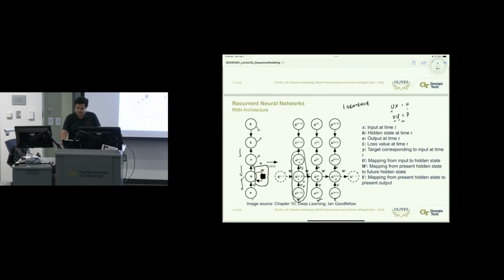But essentially what you're doing is just multiplying by these 2 matrices, U and V. The difference here is in this additional weight that we're going to call W, which is multiplying my current H_t minus 1 and transferring it over to H_t. That is the main difference between what we had discussed before versus what we are discussing now. Of course, this is just for one T, but you would have to do the same thing for H here as well, which is the next input. You would have to do the same thing for E as well, which is the input after that.